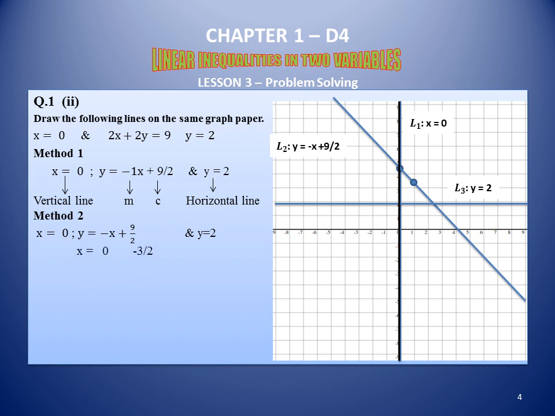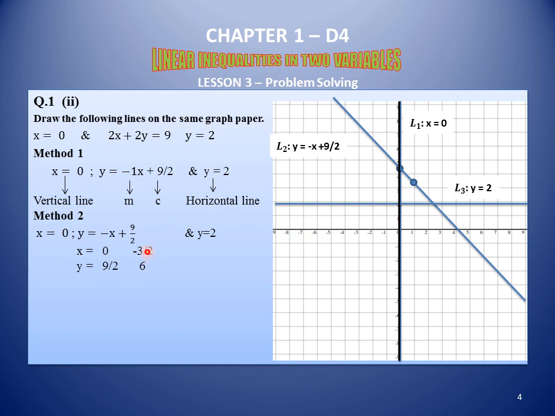Now for this second line, we will use 2 values of x. First I take 0. When you put 0 here, you get y equal to 9 by 2. Then you can use any value of your choice; I have taken minus 3 by 2. When I put minus 3 by 2 here, minus and minus is plus 3 by 2, plus 9 by 2 is 12 by 2, and 12 by 2 is 6.